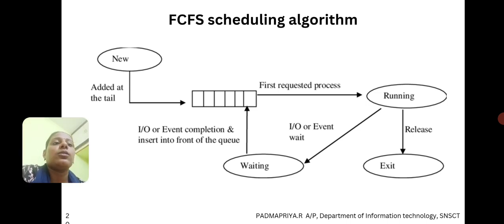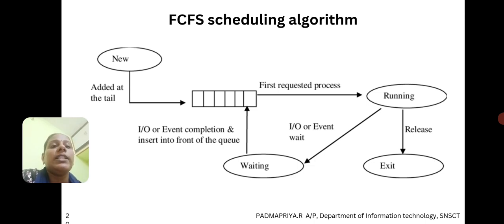Once it gets the CPU to execute, the process moves to the running state. Once it completely executes that process, it moves to the exit state, which is the release state. Or if it needs some input output resources or event wait, it goes to the waiting state.